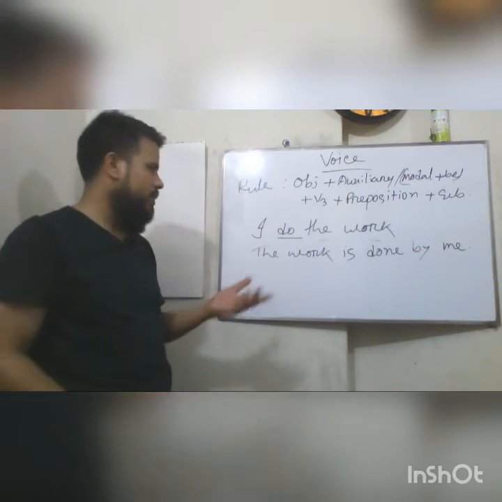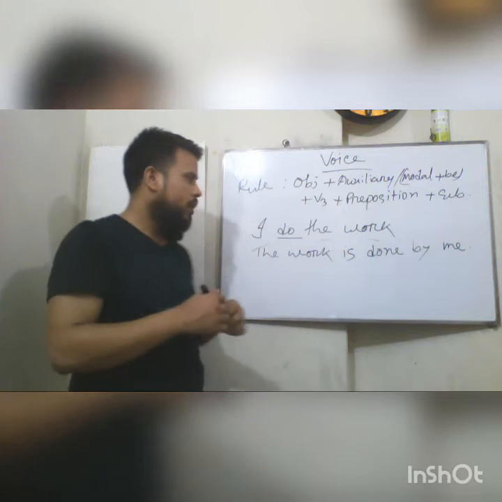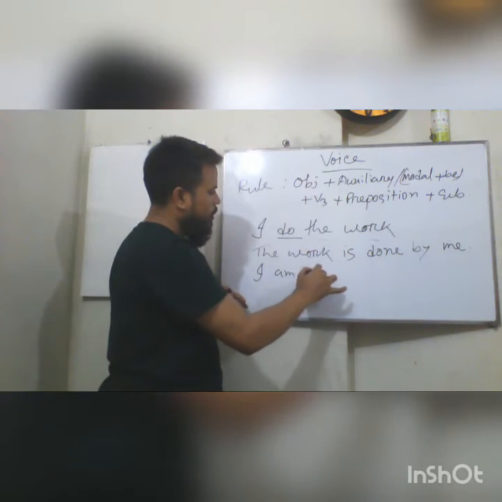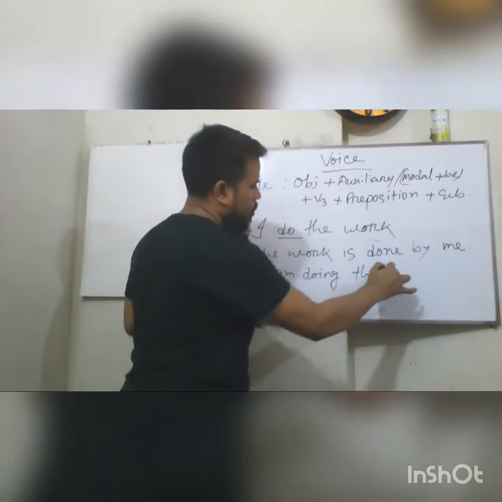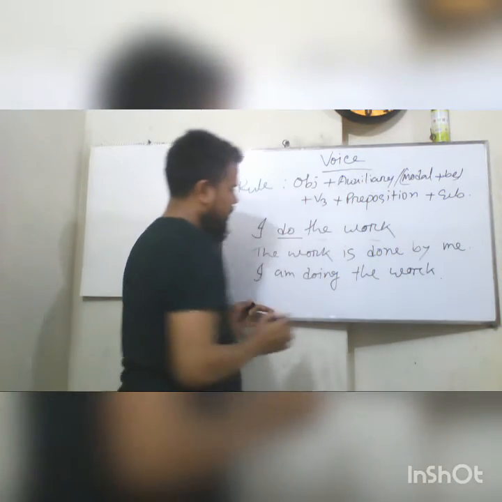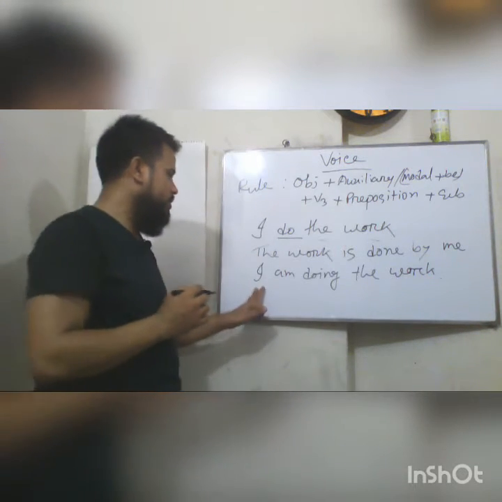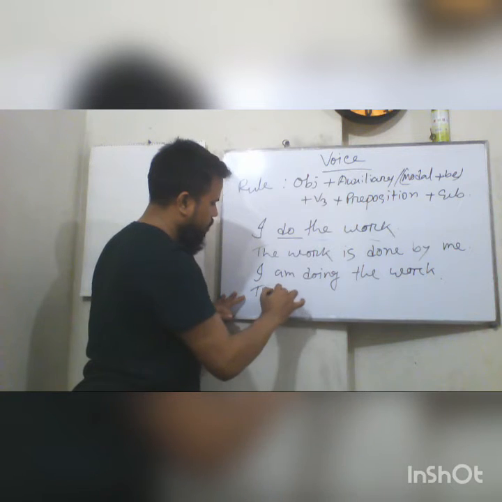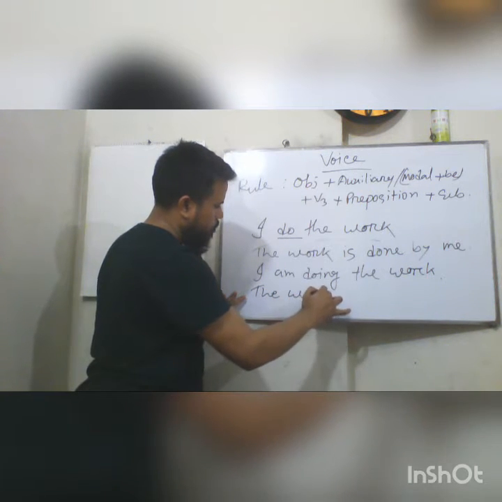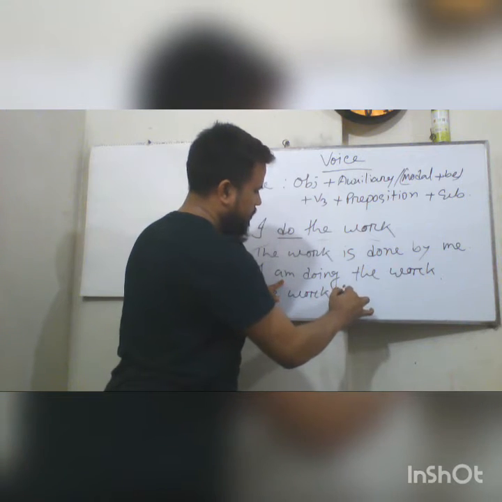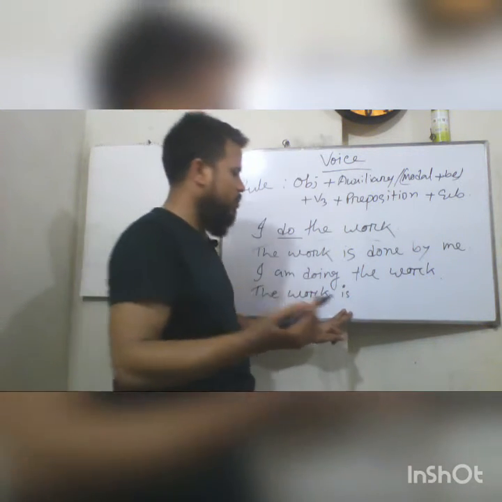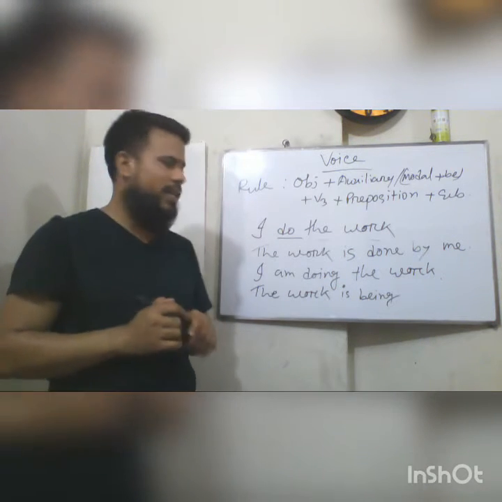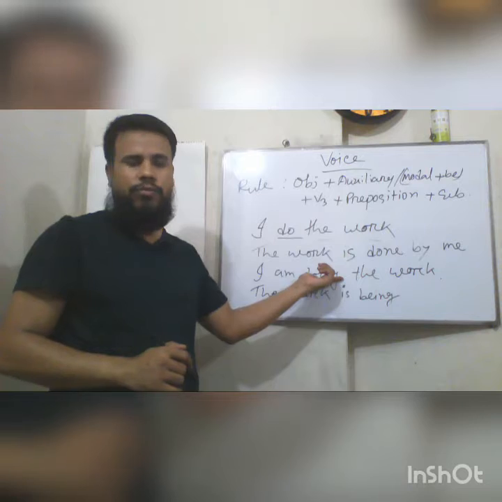If I want to express it in present continuous tense, then I can write, I am doing the work. Here we can write the work, the object, coming to the subject position, the work, auxiliary is, and the extra word being. We know that every continuous tense has the continuous ing form.